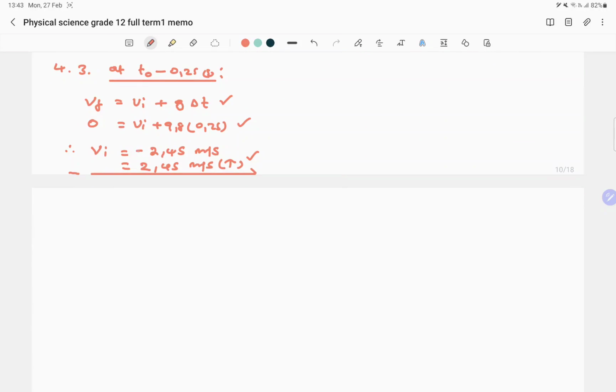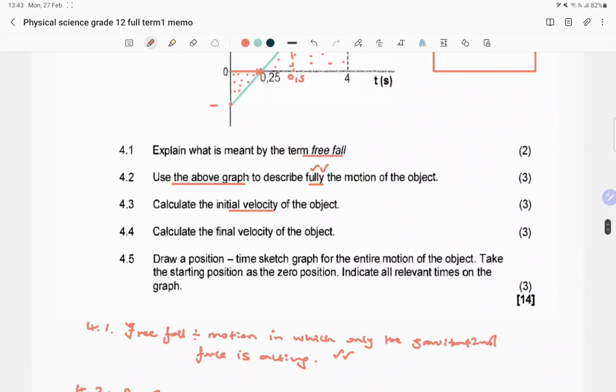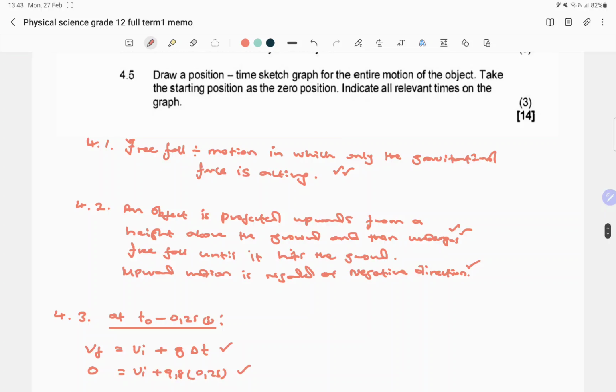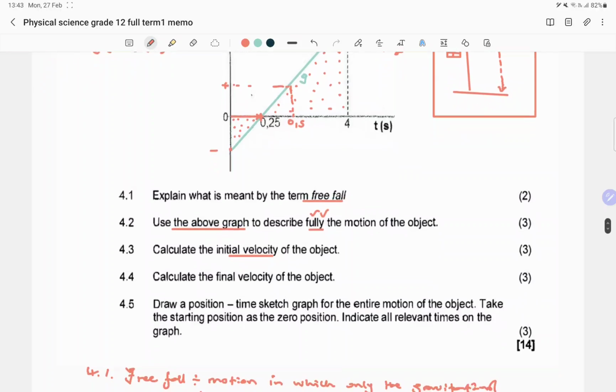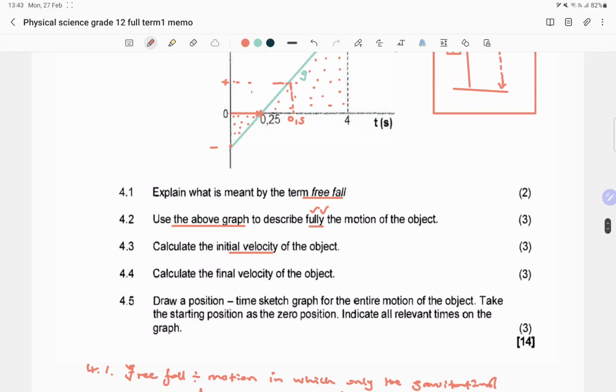But again, if you just left it at minus 2.45, it's still okay, because that negative actually makes up for the direction. As you could see from the description, we said upward is taken as negative, so that already makes sense right there. So you may be forgiven if you forget.